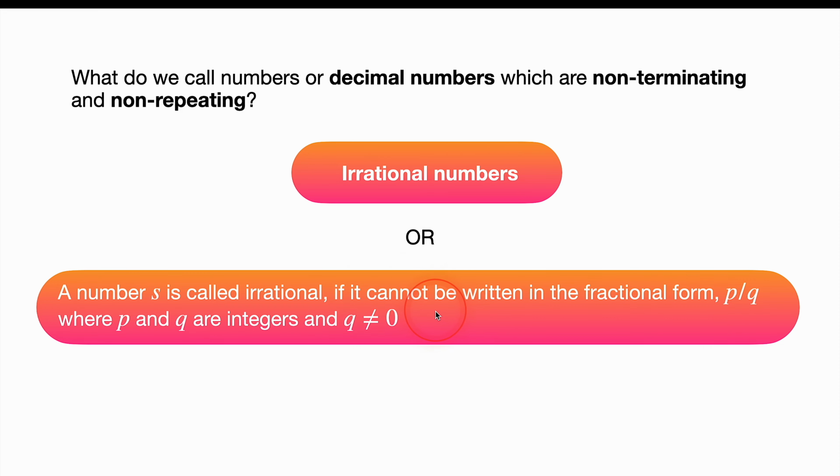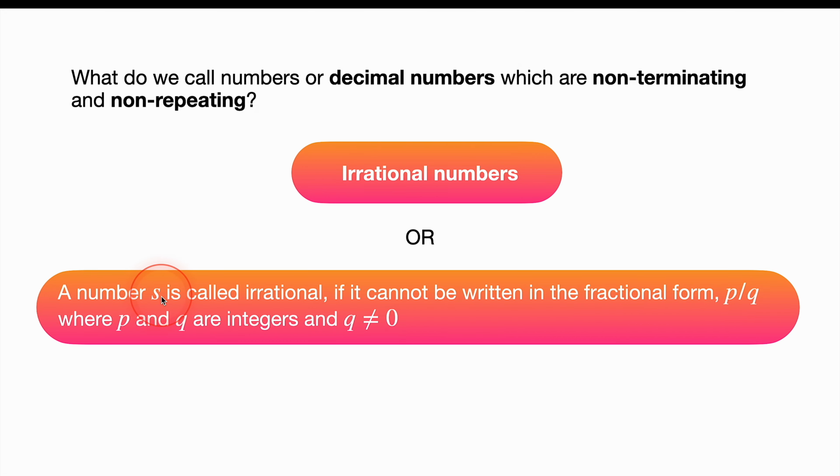This is what we just tried for the value of root 2 equal to 1.414. We have a number s that is 1.414 and so on, and we were trying to convert it into a fractional form p by q and we couldn't do it. So this is what it means.